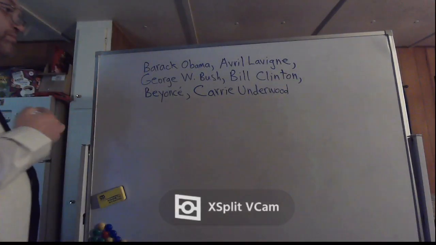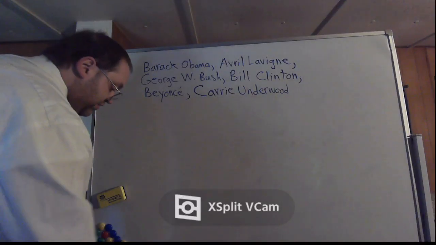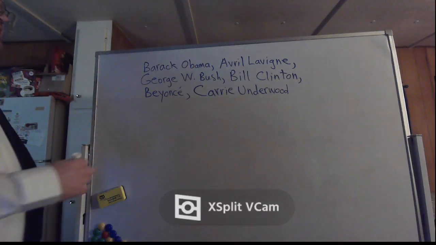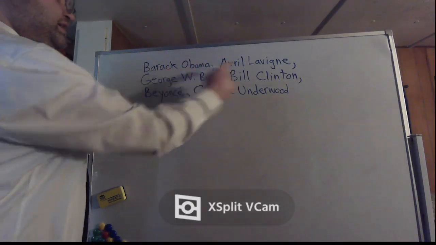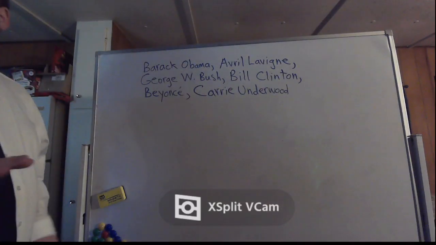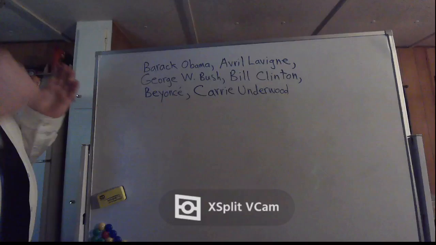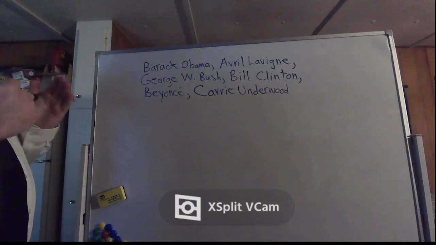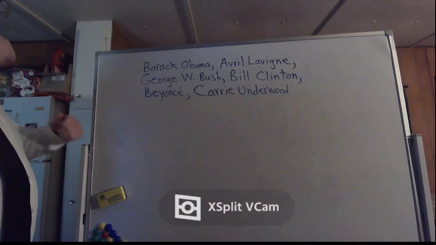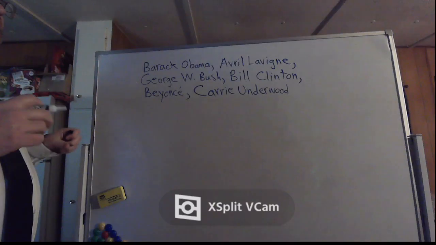Okay, so you can do fractions with a list. We have 1, 2, 3, 4, 5, 6 names. We want to know how many of these names are U.S. presidents. We have a list of 6 names.